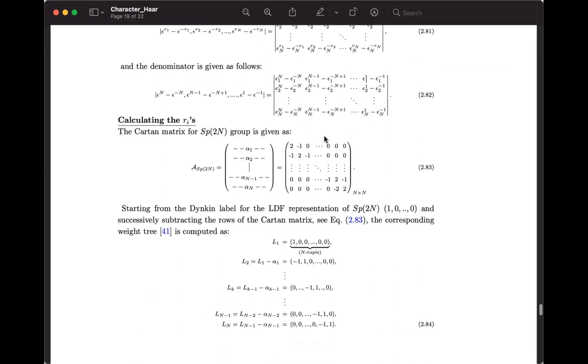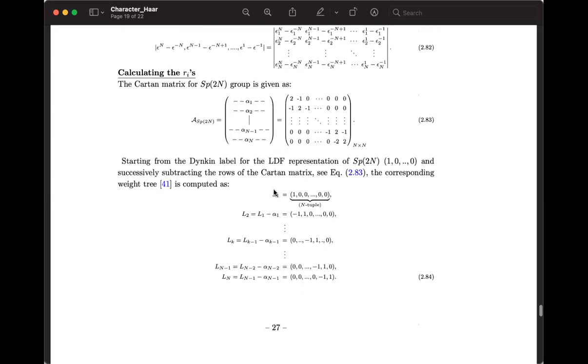Looking at the Dynkin diagram of SP2n, compare it with SO2n plus 1. The arrow of the double line will be different. There's a -2, -1 there, but in this particular case it's -1 here and -2 there. So the direction of the arrow is different. Otherwise, the number of nodes and all those things will be exactly the same.